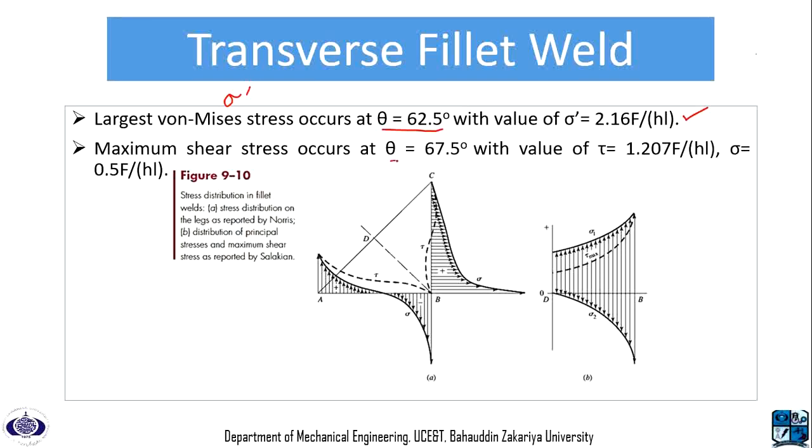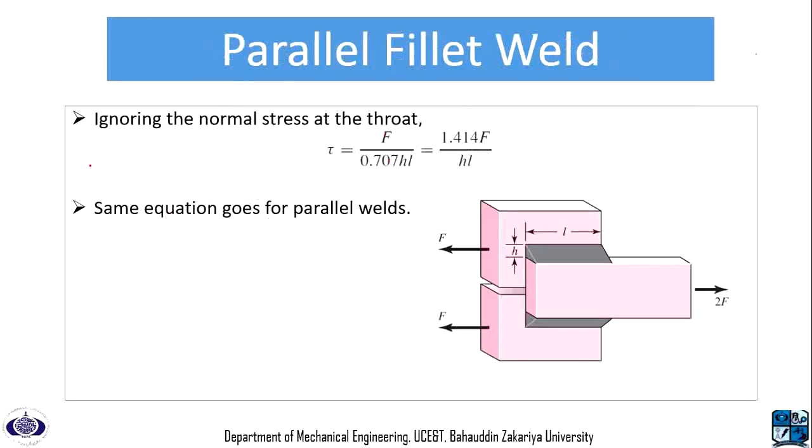Maximum shear stress was at 67.5 degrees, and the value for shear stress at that plane is 1.207 F over HL, and the value for normal stress at that plane is 0.5 F over HL. However, to find the maximum shear stress, we can also simplify it by using this formula: shear stress is equal to F over 0.707 HL, which is 1.414 F over HL.